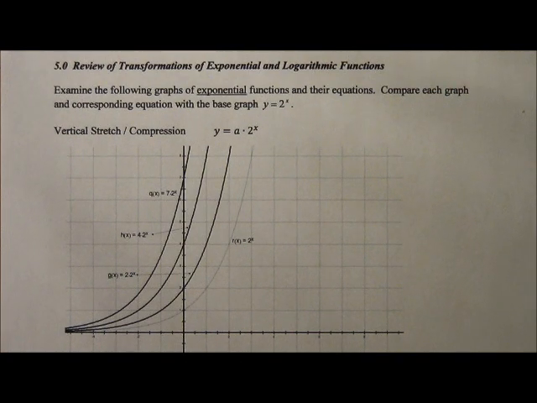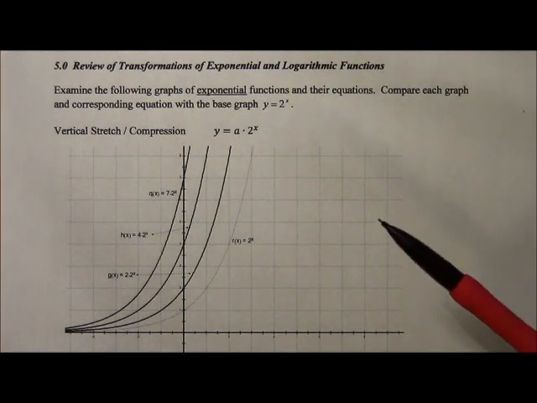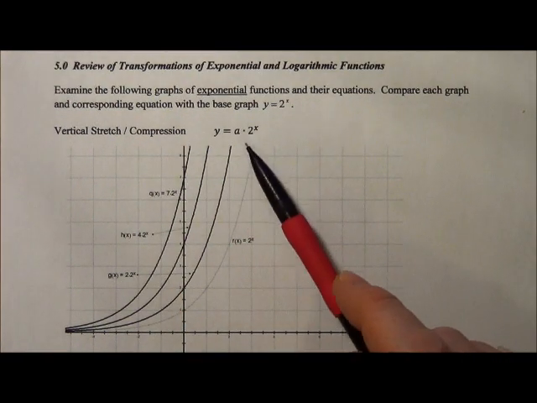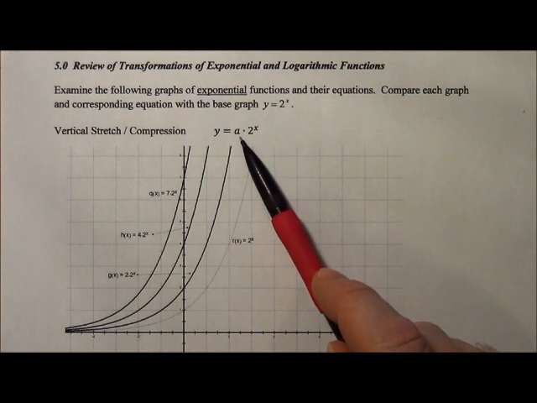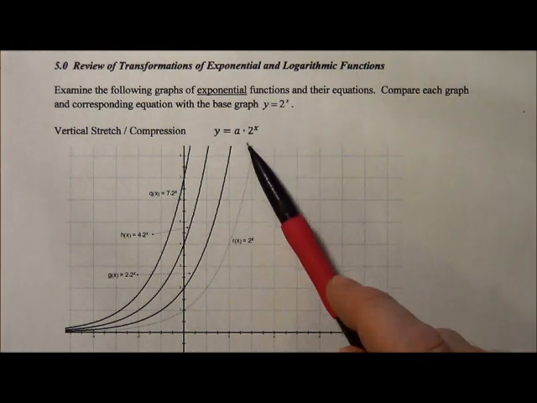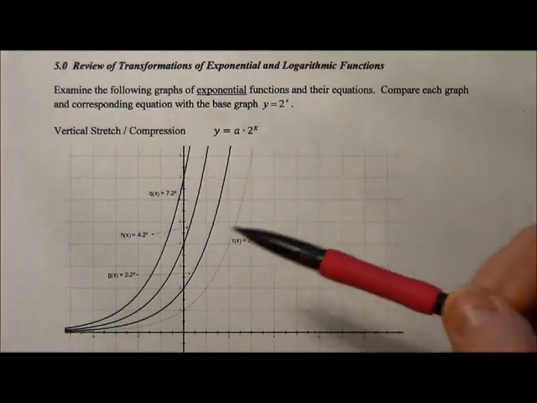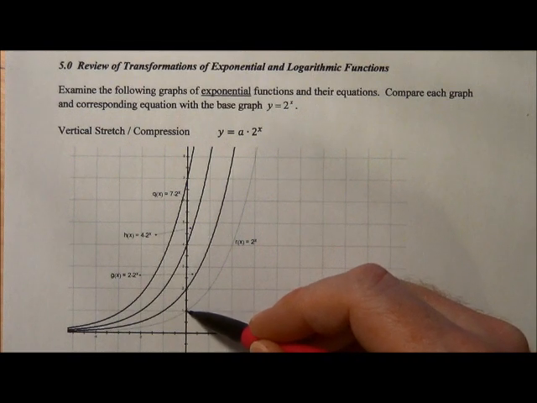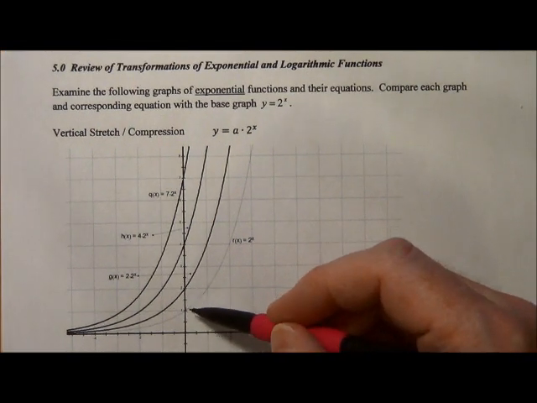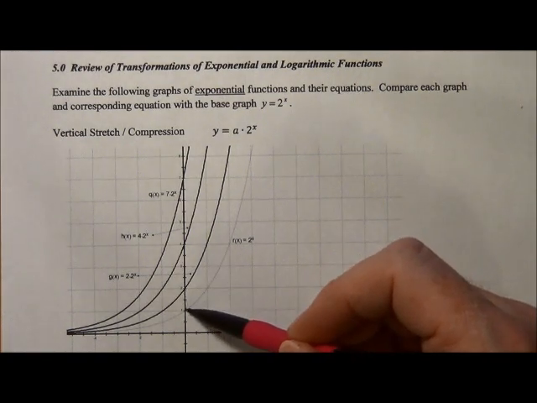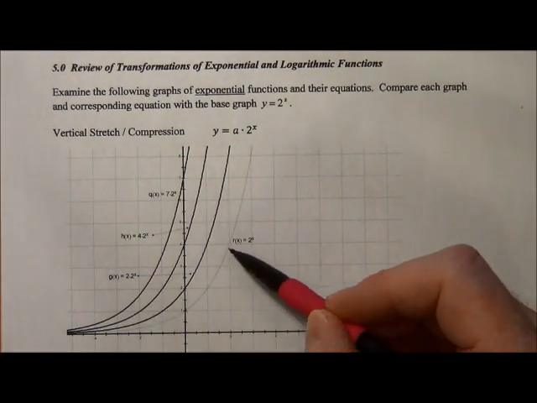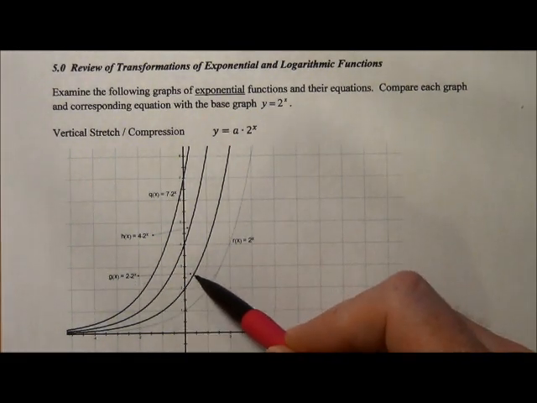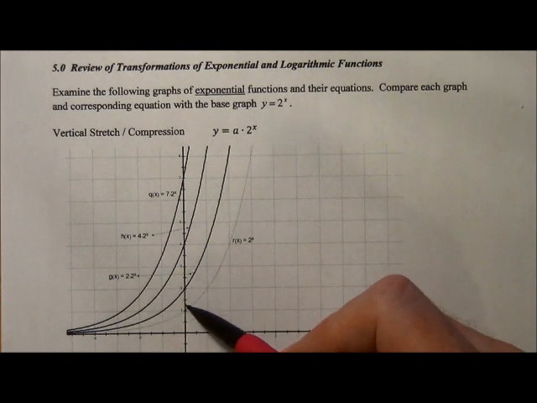Okay, so let's start looking at transformations just to review a few things. First off, vertical stretches and compressions. If we have a coefficient in front of the base of an exponential function, then that will multiply with all the y values of exponential functions. So we see that the base function y equals 2 to the x is this lighter function here, and this next function is y equals 2 times 2 to the x.